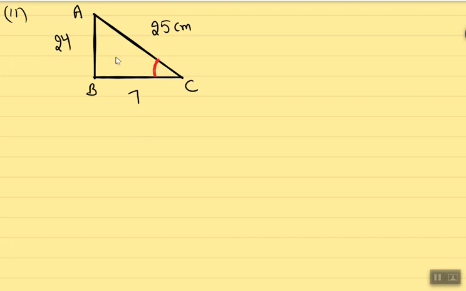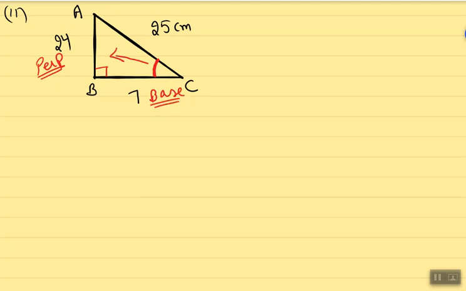If you are taking C angle, the opposite side will be perpendicular. Always beta, this is the hint for you. Any side opposite to C angle is perpendicular and the adjacent side is base. Is it okay?